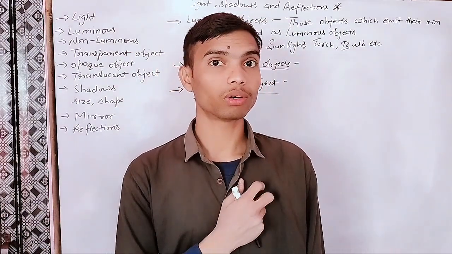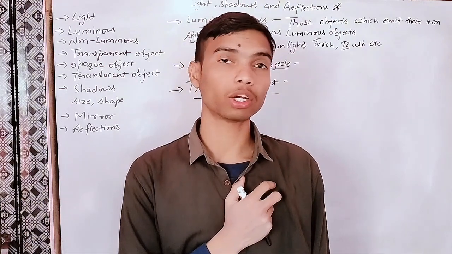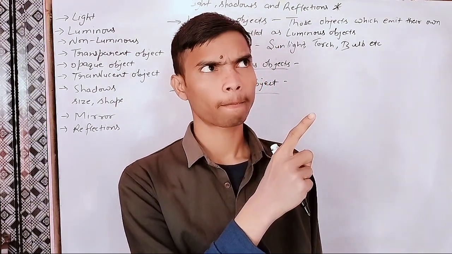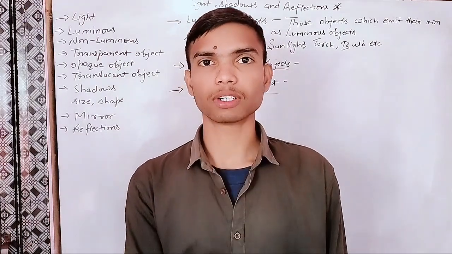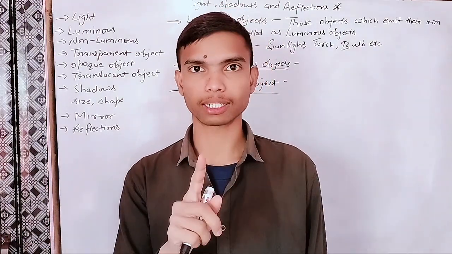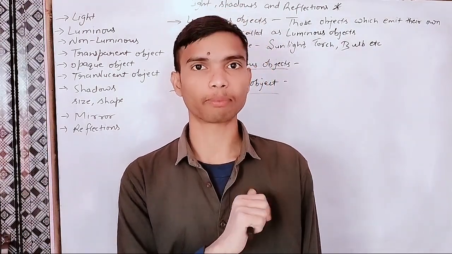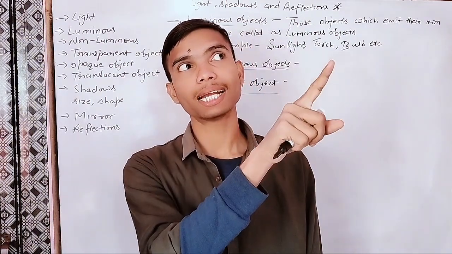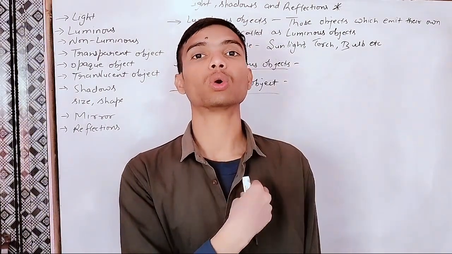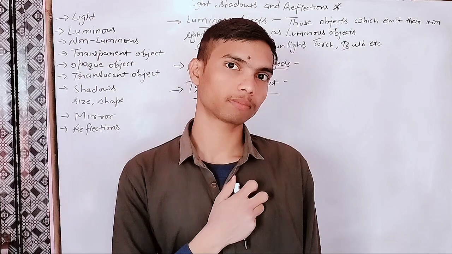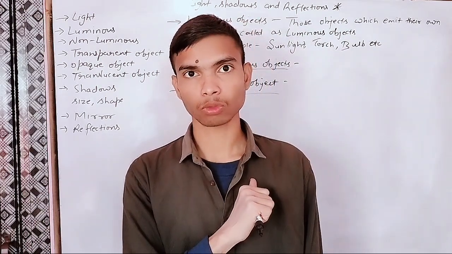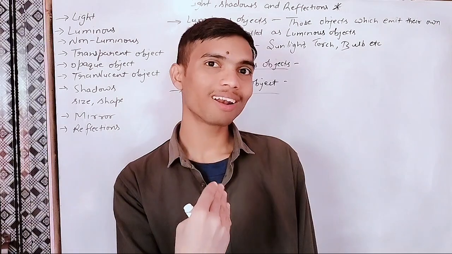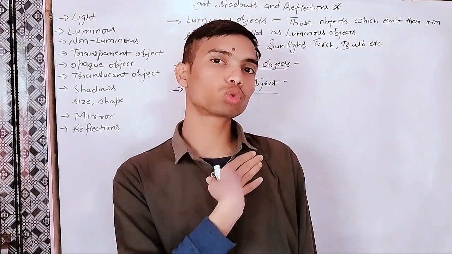You don't know which type of object I am. There is a source of light in front of me. Clear? Light is coming on the surface of me. Light is falling on me. Now light will go through me.